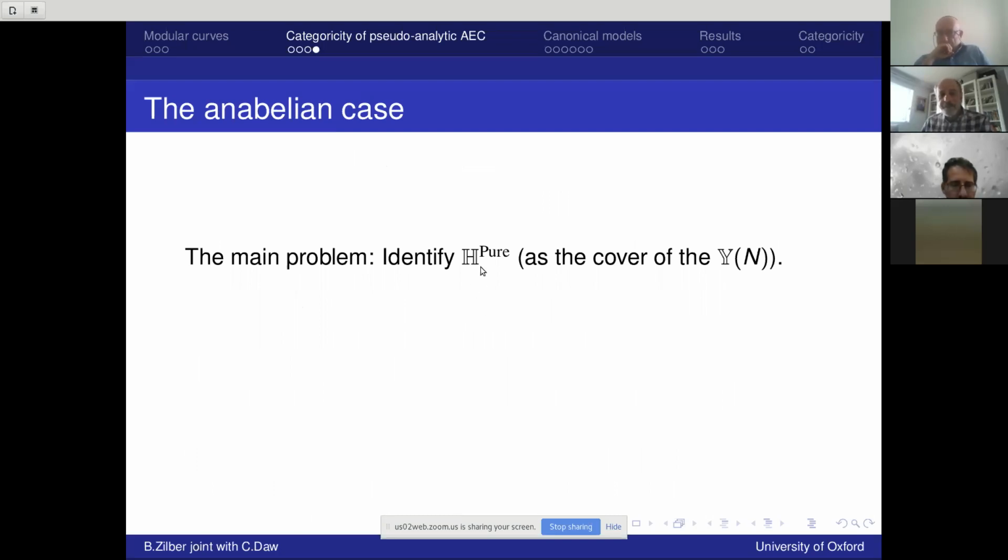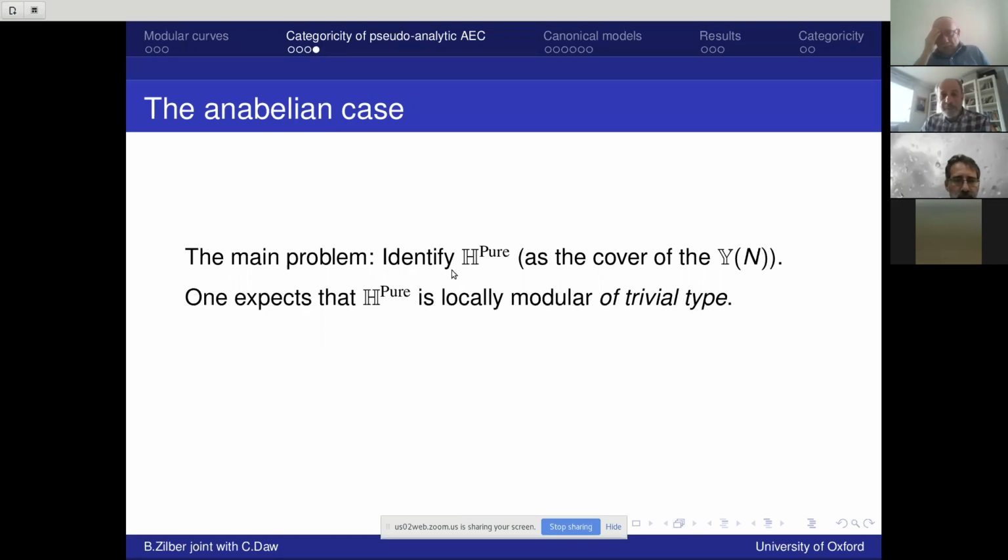So our problem is to understand what is this structure that I classified, or we expect it to be locally modular of trivial type, whatever it means. But now this is our main problem, to say concretely what it is here, this structure, right?